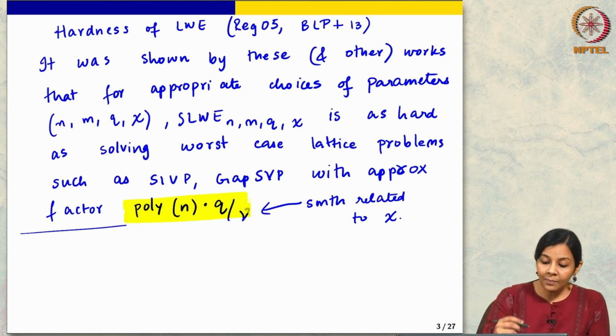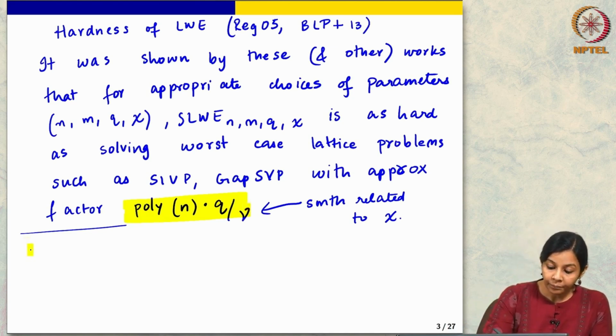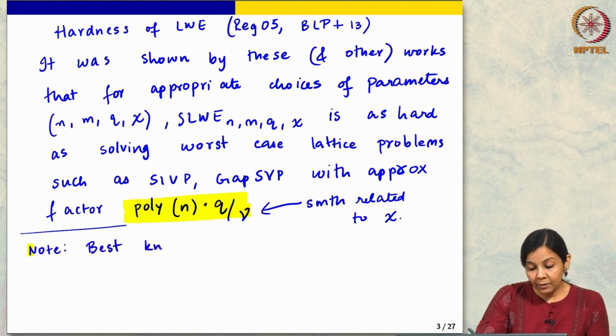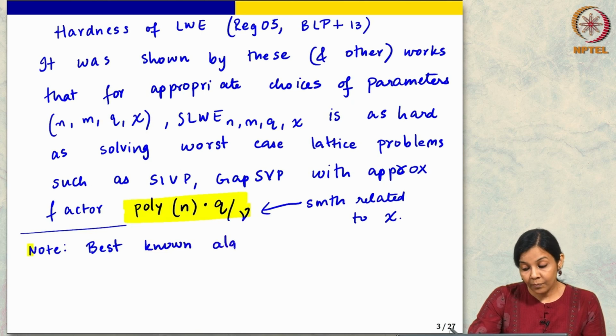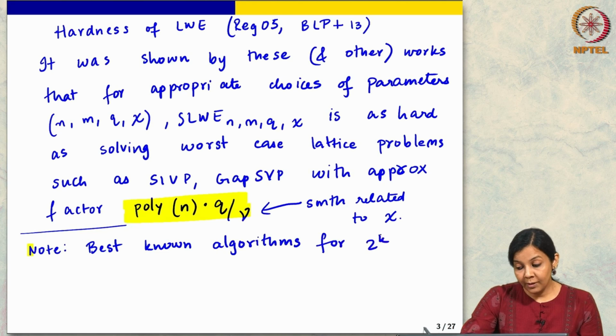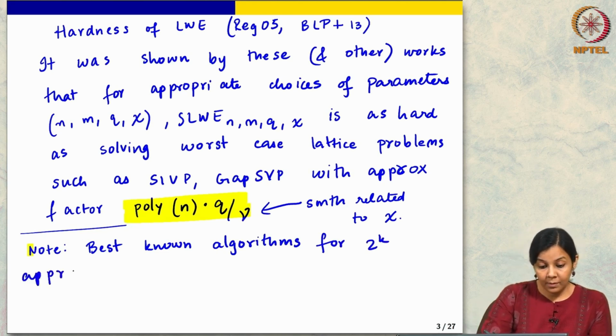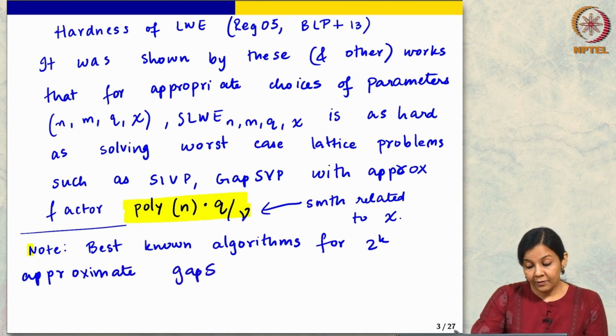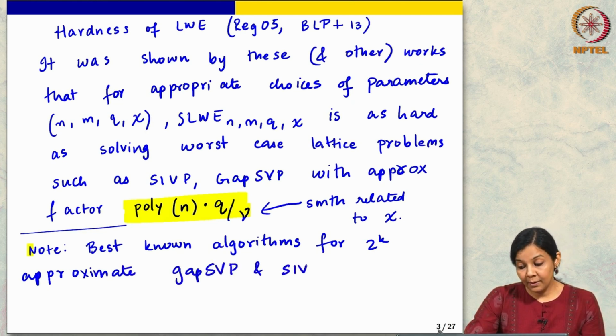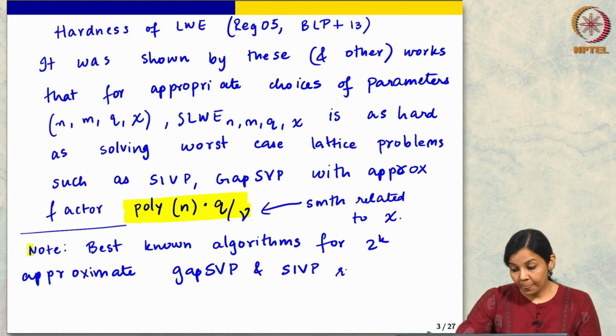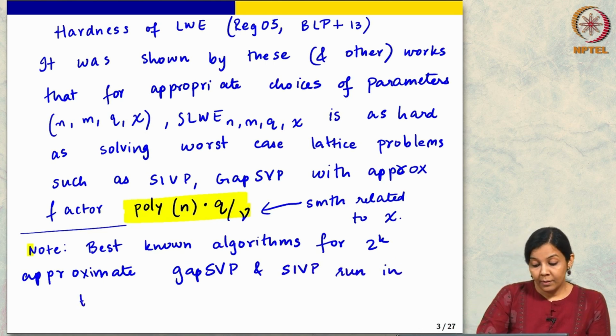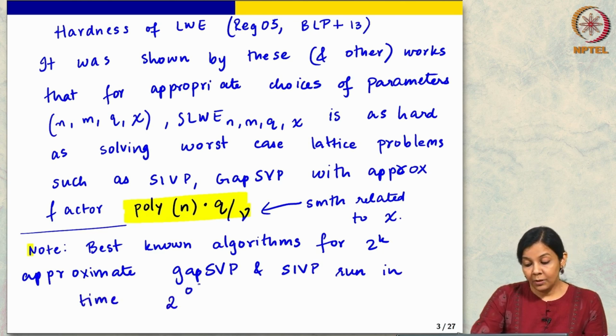Okay, so I will just make a note here that the best known algorithms for 2 to the k approximation of this gap SVP and SIVP run in time 2 to the order n over k.